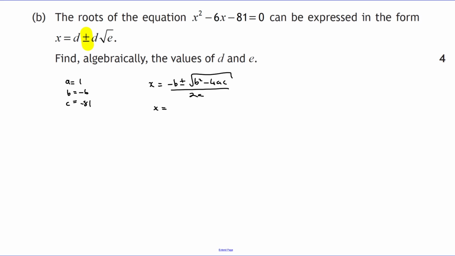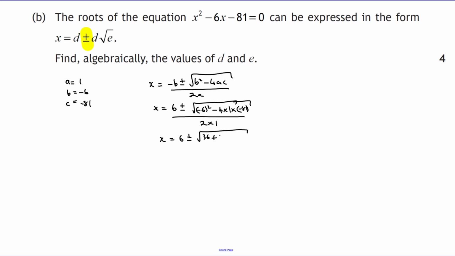So negative b would be negative negative 6, double negative, so plus 6, plus or minus the square root of negative 6 squared minus 4 times 1 times negative 81, all over 2 times 1. x equals 6 plus or minus the square root of, so that would be 36. 4 times 81 would be 162, 324.